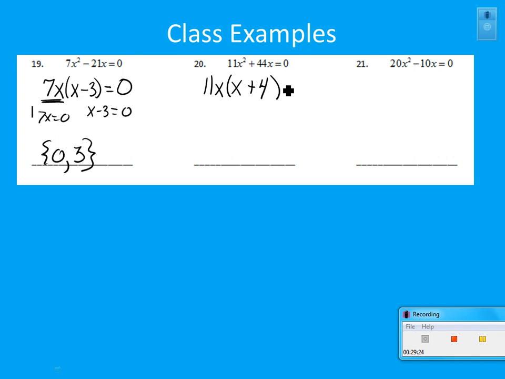Set each of those terms equal to 0. 11 times something is 0. So one answer is 0. X plus 4 equal to 0. Minus 4 from both sides. Minus 4.